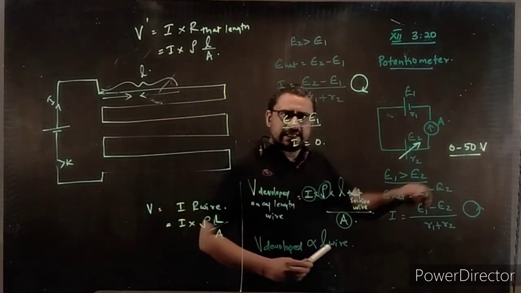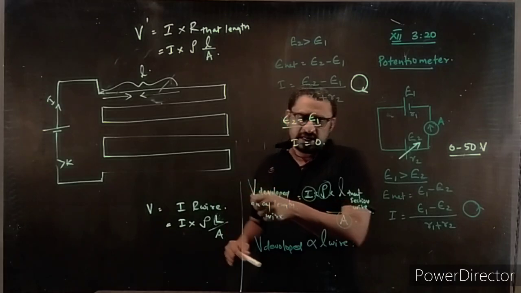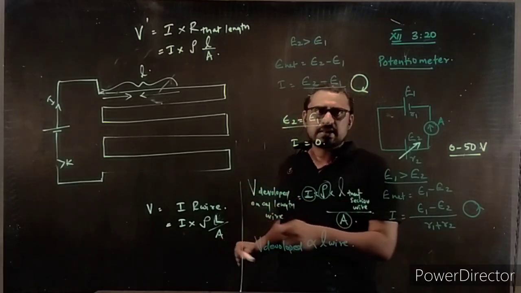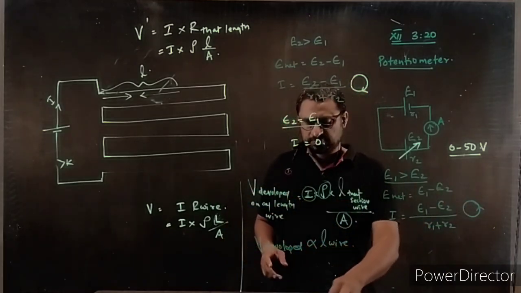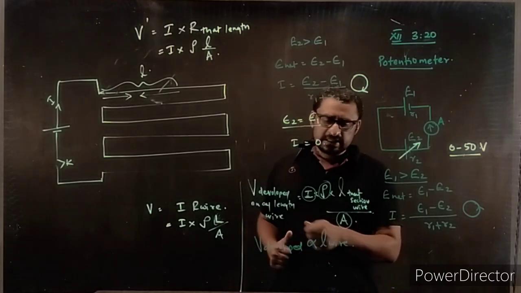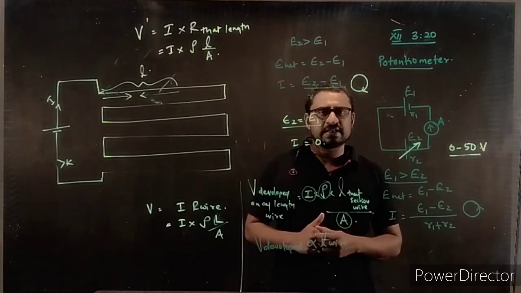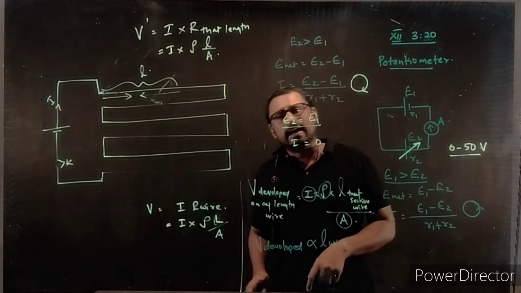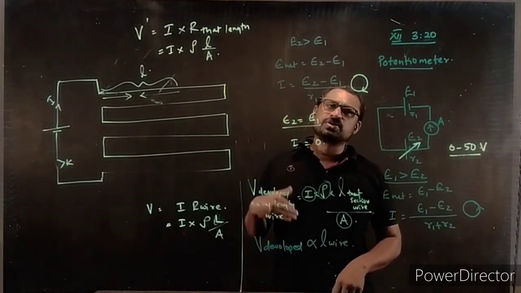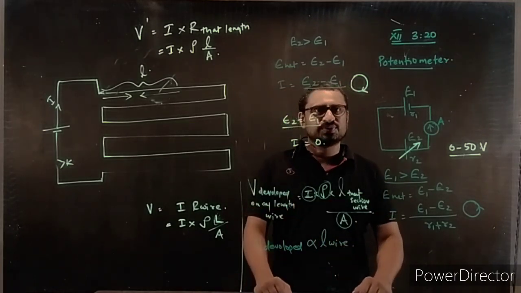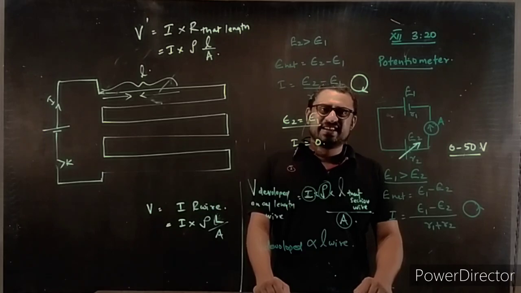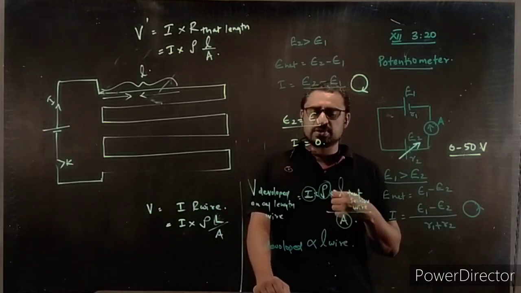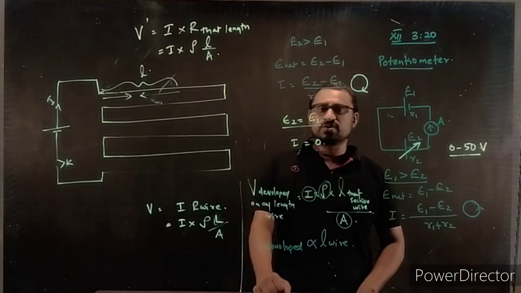So by changing the length, you can change the potential difference. By measuring the length, you will be in a position to measure the potential difference also.